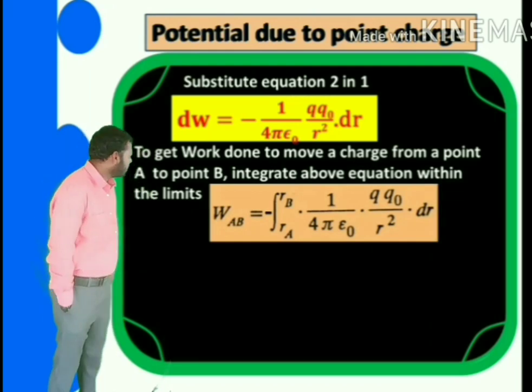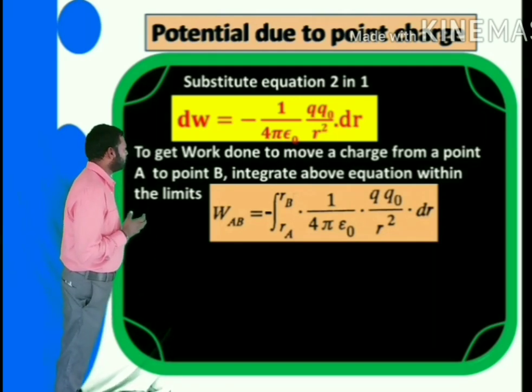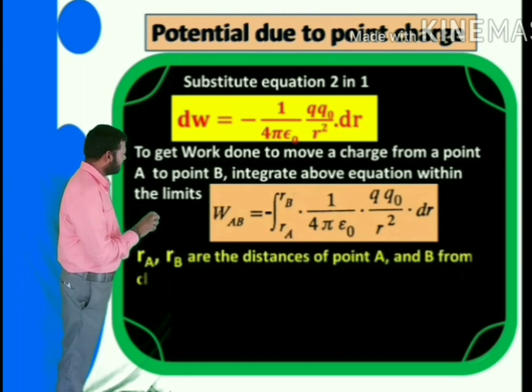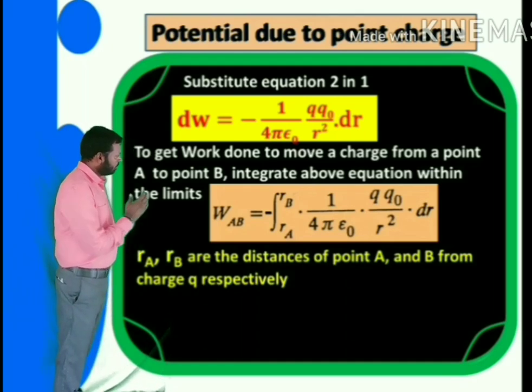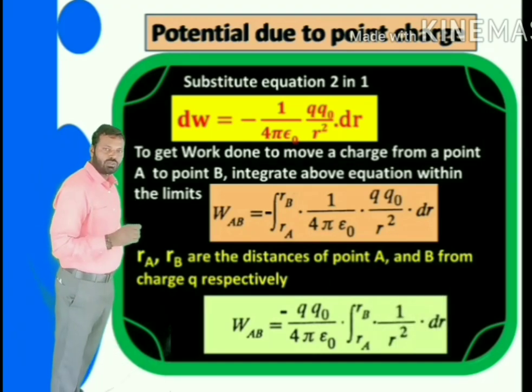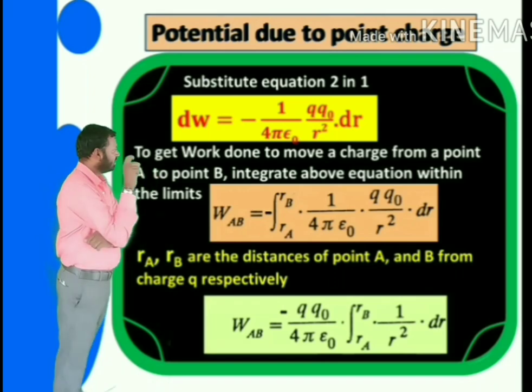So total work done WAB is equal to integration RA to RB 1 by 4 pi epsilon naught Q Q0 by R square into dr. Here RA and RB are the distances of point A and point B from the charge. Now bring constants outside of the integration, then WAB is equal to Q Q0 by 4 pi epsilon naught. They are constant. Put them outside. What you will get? Integration RA to RB 1 by R square dr.